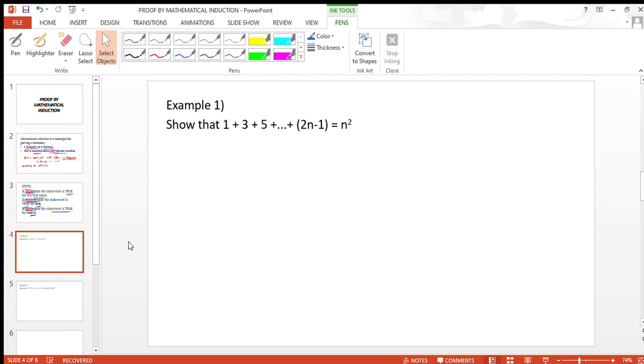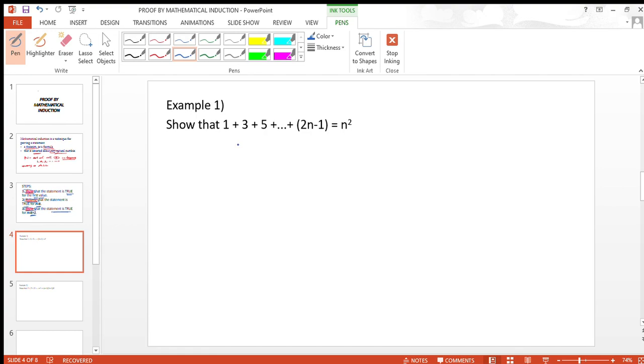So problem number 1. Show that 1 plus 3 plus 5 and so on until we have 2n minus 1 is equivalent to n squared.